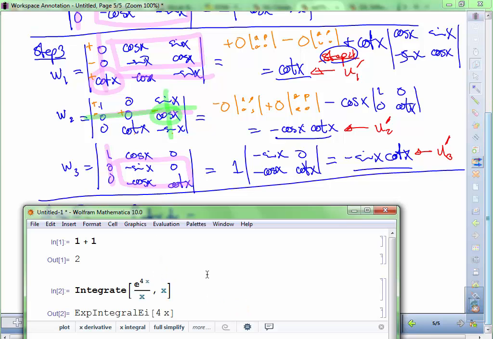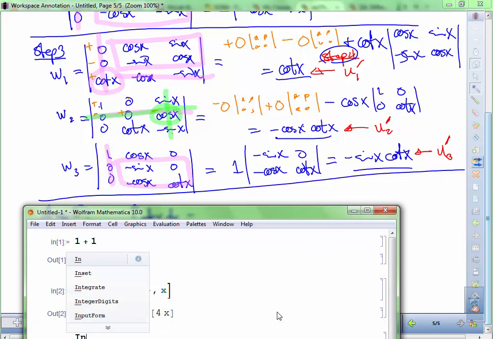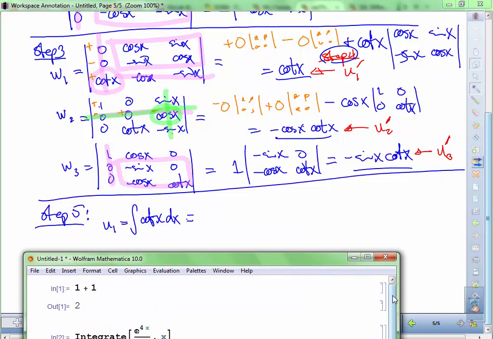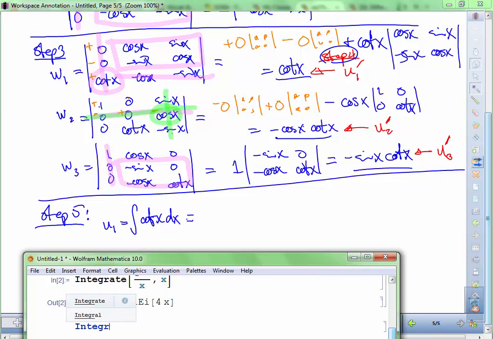Yeah, but W is equal to 1. If you guys are going to say negative ln of something, that's not going to help me.